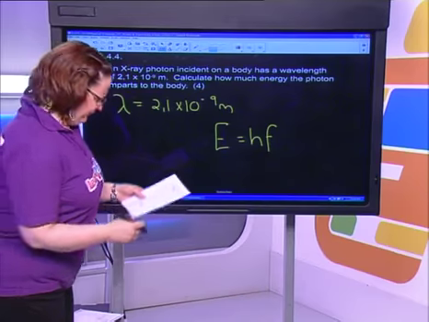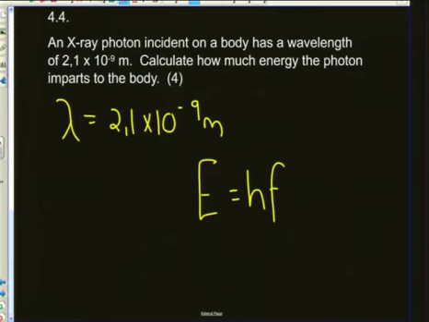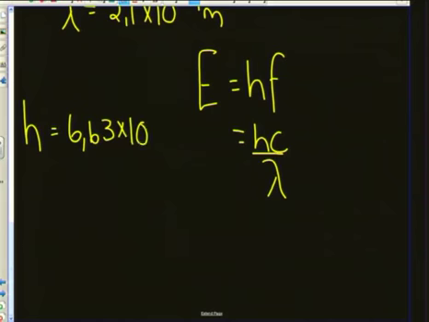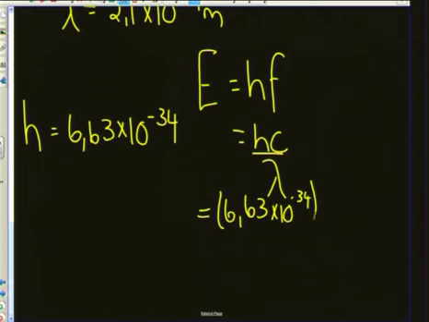We don't have f, but this equation has another form, which says we can use hc over lambda. c is the speed of light, h is Planck's constant, and h is 6,63 times 10 to the minus 34. Straight substitution. We're not going to try and trick you out with these, okay? So this is 6,63 times 10 to the minus 34. The wavelength was, 3 times 10 to 8, speed of light.